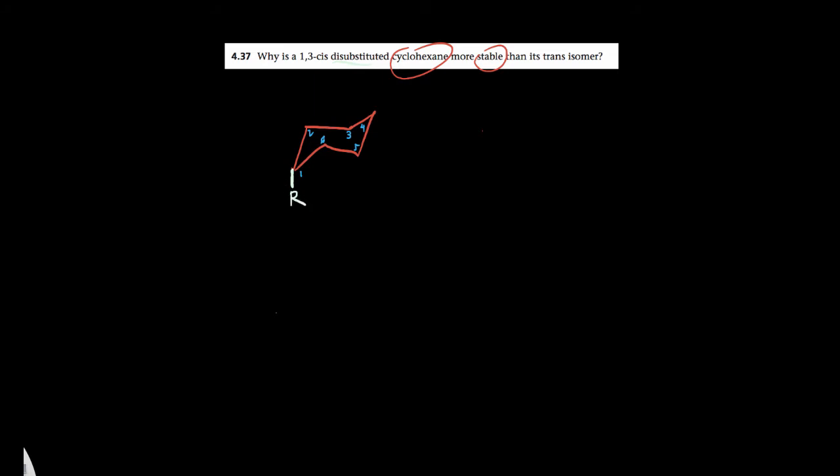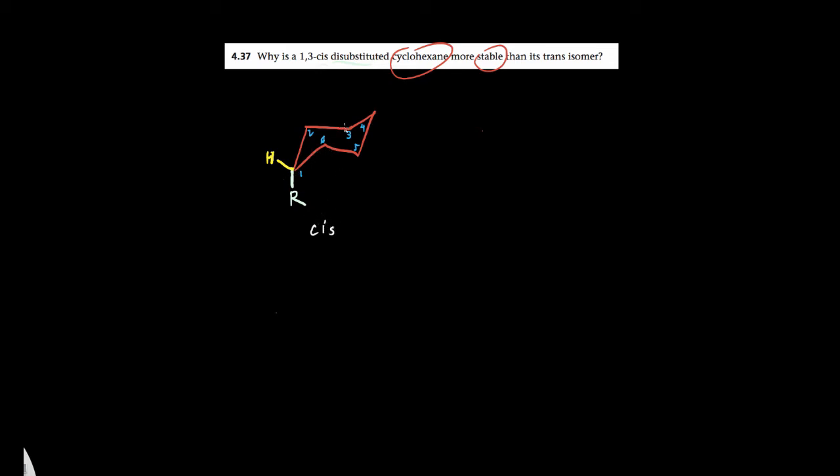And we'll put, arbitrarily, we could have done it either way, but let's just put R down. So we put R down in 1. And we're making the cis isomer here. So let's make the cis isomer first.